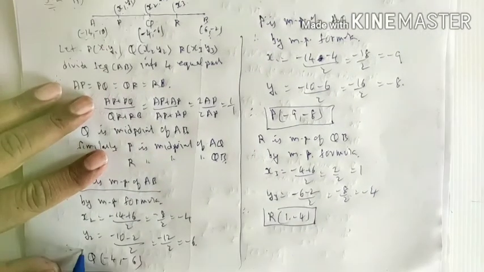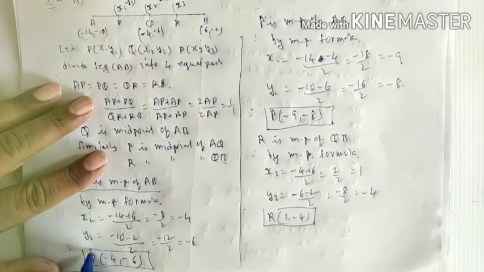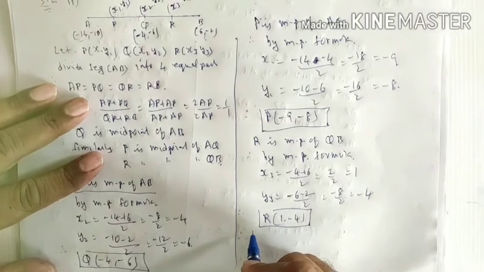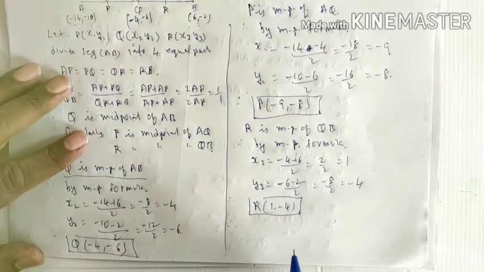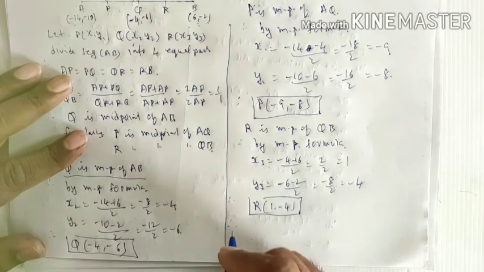See, Q का कोऑर्डिनेट कितना आया? Minus 4, minus 6. Therefore, see, what was our question here? Find the coordinates of the points which divide AB into 4 equal parts.